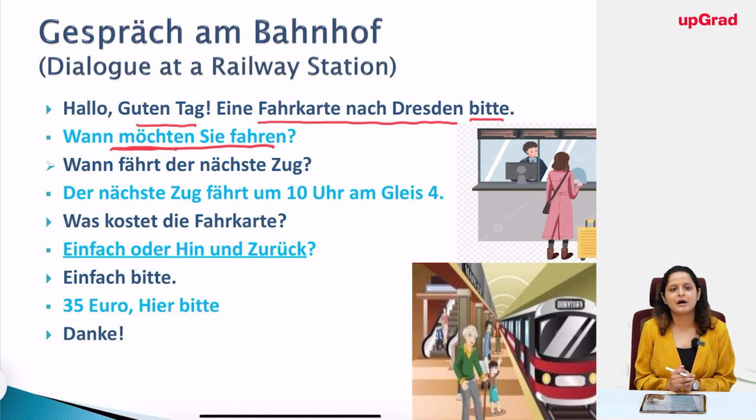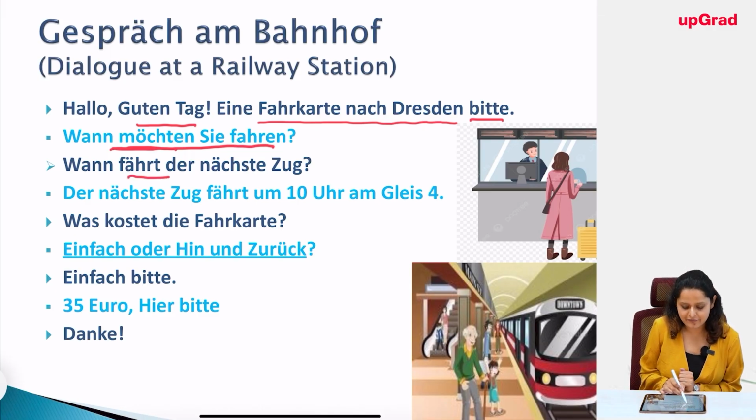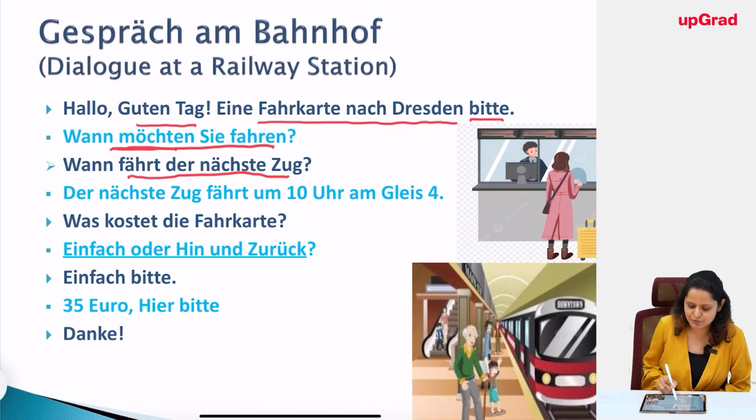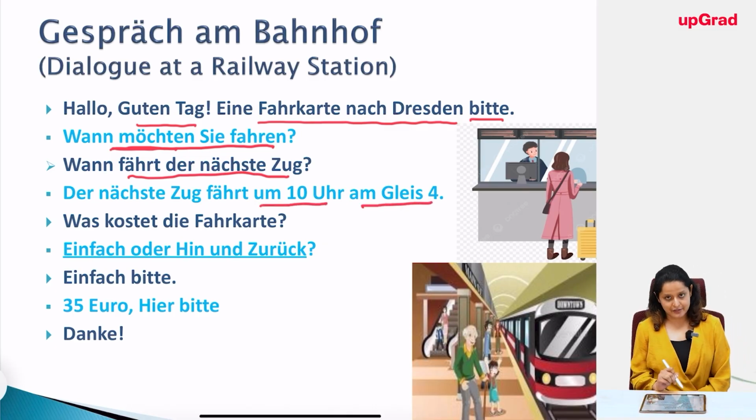You can inquire about when the next train leaves by asking, wann fährt der nächste Zug? As we saw, Zug is a train. What you need to know here is when the next train is going. So the word nächste stands for next. You might get a response, for example, der nächste Zug fährt 10 Uhr am Gleis 4.